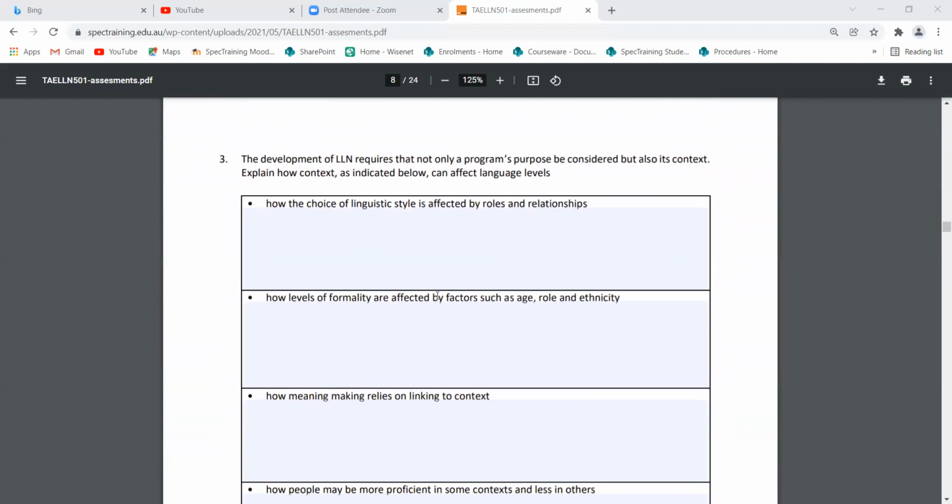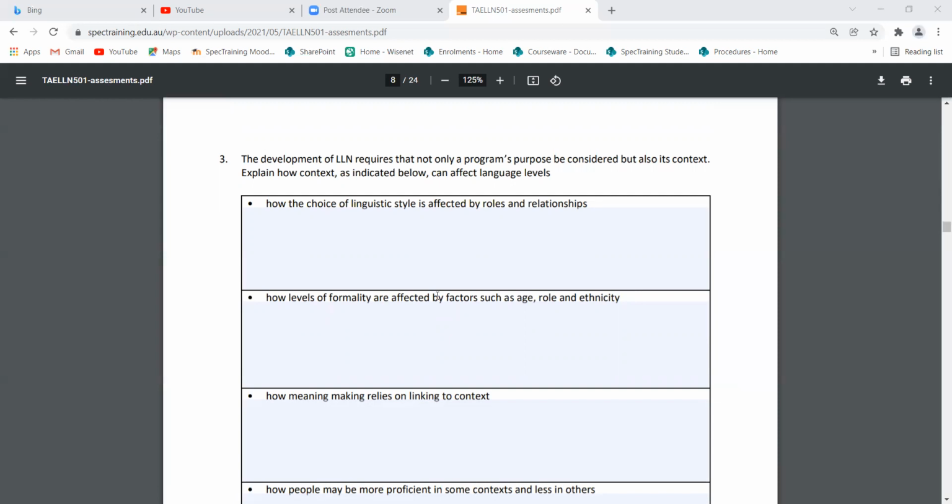All right, question 3. The development of LN requires that not only a program's purpose be considered, but also its context. Explain how context, as indicated below, can affect language levels. So, how the choice of linguistic style is affected by roles and relationships. With that one, think about how a role, like a work role, would shape linguistic style and choice within the workplace.